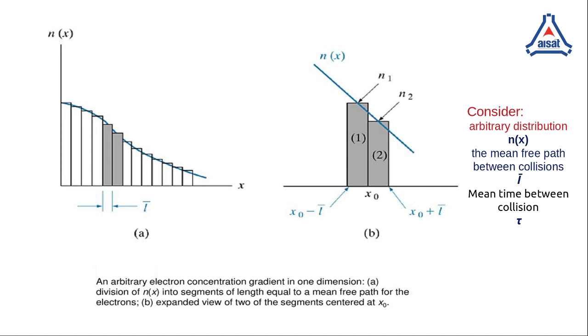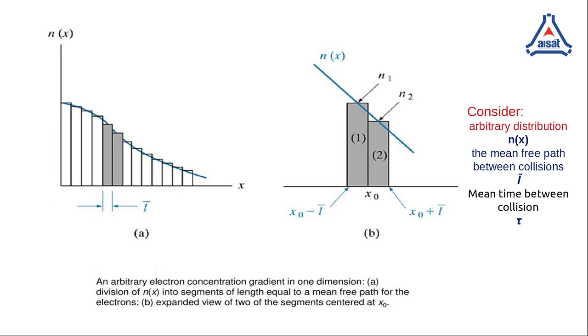We know semiconductor is a three-dimensional wafer. There will be a three-dimensional movement of carriers in the wafer. But in order to simplify our analysis, we are just considering one dimension. That is why we are drawing a curve. The blue curve shows the electron concentration gradient in one dimension.